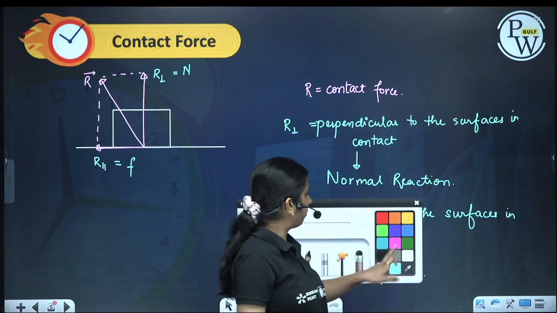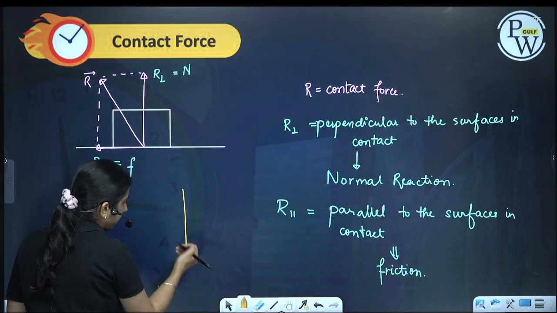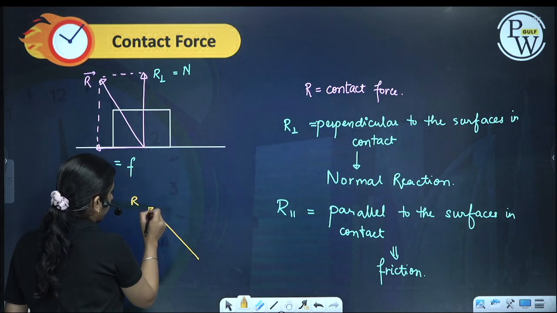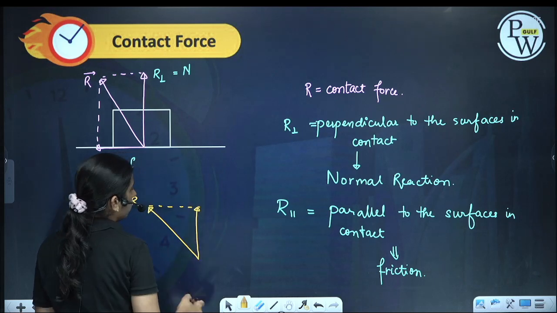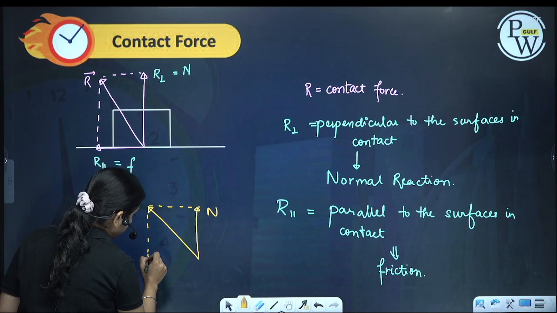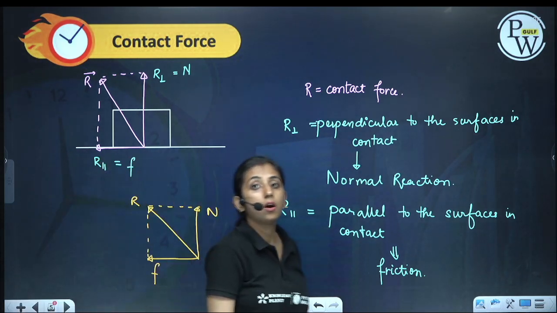There are two components of the contact force. If this is my contact force R, there is one component perpendicular to the surfaces, which is called normal reaction, and one component parallel to the surfaces, which is called friction.